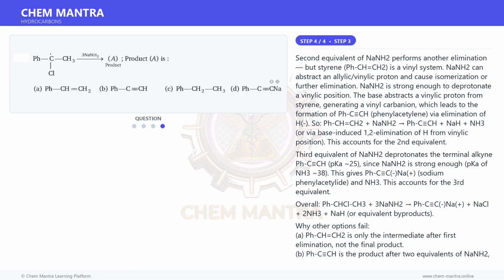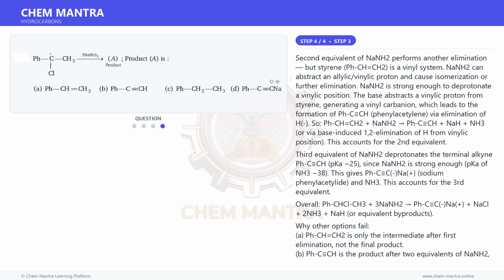The base abstracts a vinylic proton from styrene, generating a vinyl carbanion, which leads to the formation of PhC≡CH, phenylacetylene, via elimination of H-. So, PhCH=CH2 plus NaNH2 gives PhC≡CH plus NaH plus NH3, or via base-induced 1,2 elimination of H from the vinylic position. This accounts for the second equivalent.